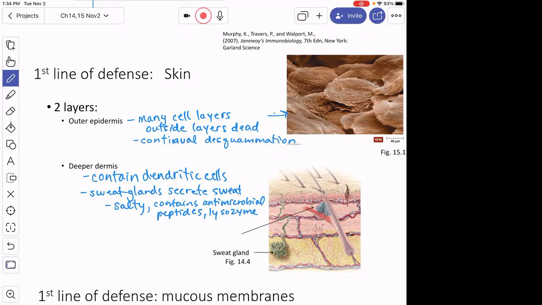Remember, lysozyme is an enzyme that's going to disrupt the structure of peptidoglycan. So we're going to see that quite a bit in some of our bodily fluids. Okay, so it's going to act on bacterial cell walls. All right, so here's a sweat gland here. We also have sebaceous glands in our skin, and they secrete sebum.